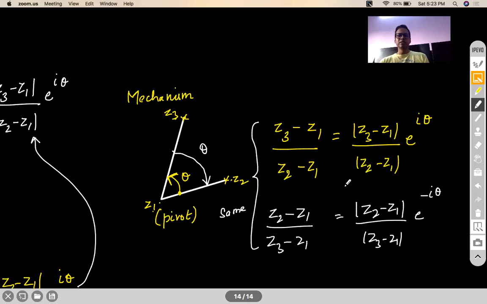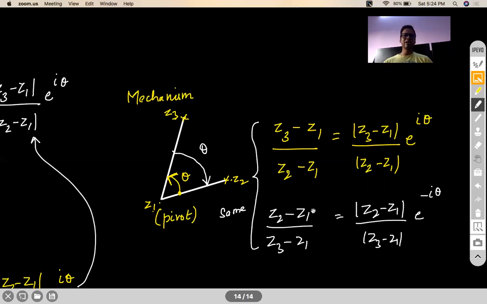Now, can this be generalized even further? Let's see. First copy this down, then I'll go to the next page. Done.